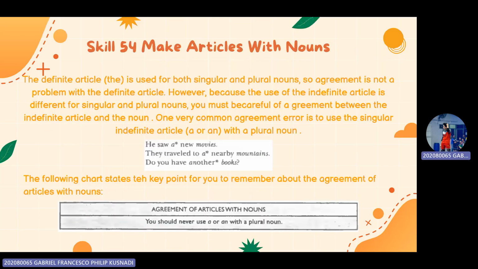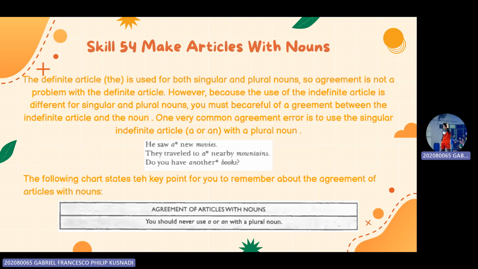Scale 54. Make articles agree with nouns. The definite article the is used for both singular and plural nouns, so agreement is not a problem with the definite article. However, because the use of the indefinite article is different for singular and plural nouns, you must be careful of agreement between the indefinite article and the noun.